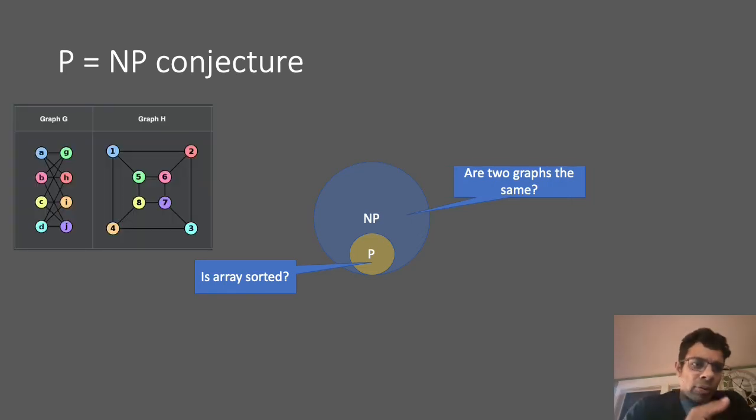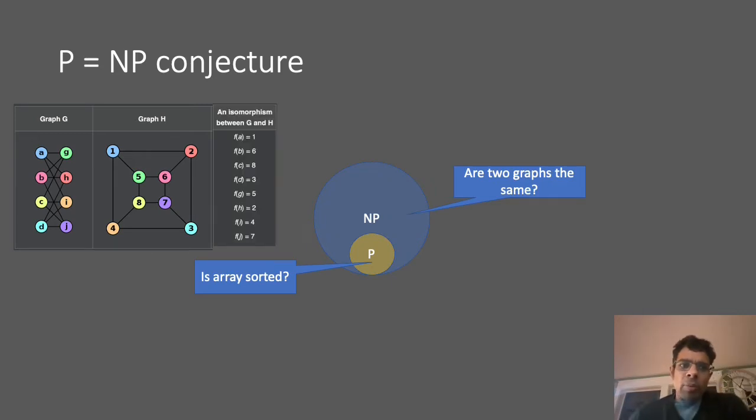So here you have graph G and graph H, and they're really the same graph, but they're just arranged differently, they're labeled differently, and it's not trivial to tell that they're the same graph. But if someone gave you a mapping, that A in the first graph actually means vertex number 1 in the second graph, etc., then it would be very easy to verify. You would just make sure that all the edges line up, and yes, they are the same graph, or no, they are not the same graph.